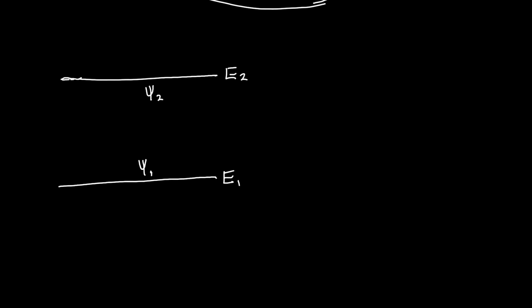And maybe we've got an electron up here residing in this state. Maybe we've got an electron down here. Or maybe we've got an electron in both, or neither. We want to know what happens when I send in light of a certain frequency, or equivalently a certain energy.